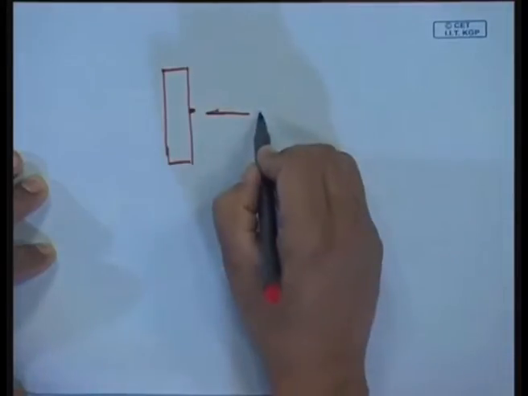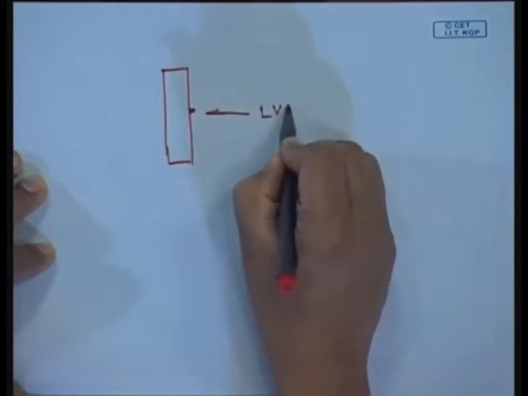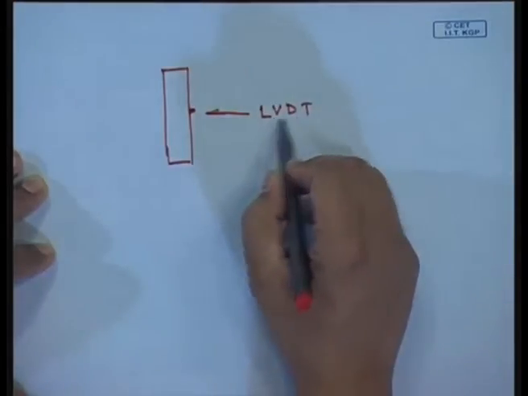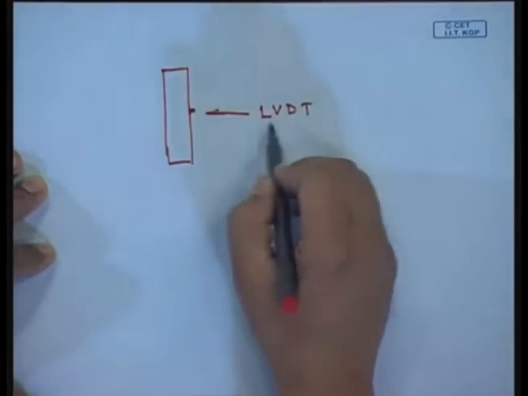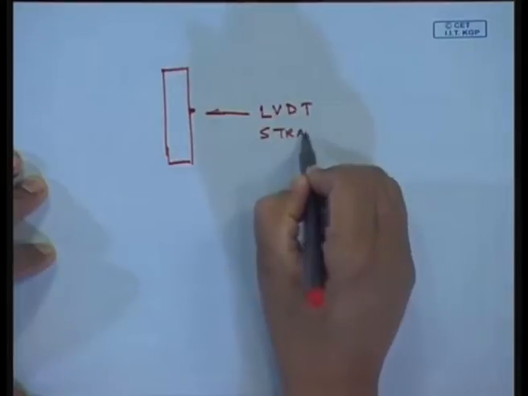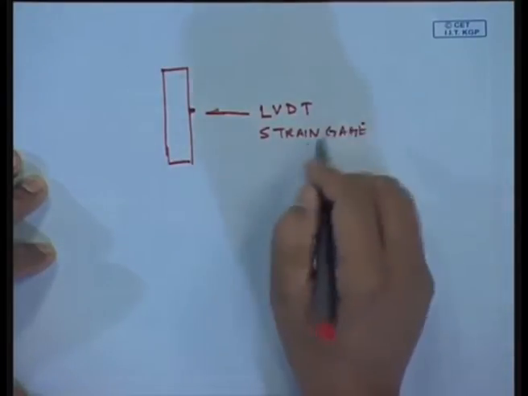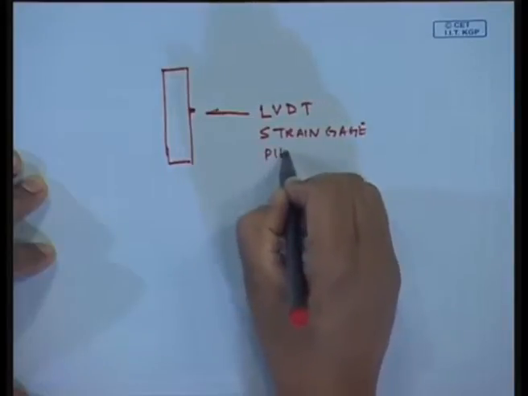This displacement could be captured by an LVDT, that is a linear variable differential transformer, or a strain gauge, or a piezoelectric crystal.